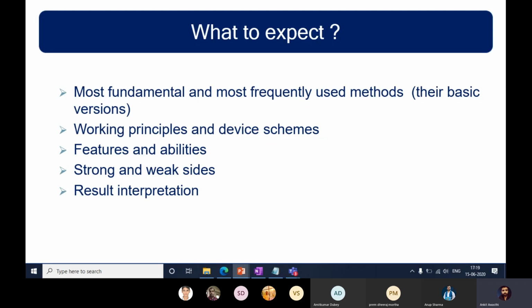For these techniques we will analyze the working principle and device schemes, then their features and abilities, and their advantages and limitations. And in the end we will analyze what we are actually getting from the results. Means we performed that analysis and got some results, so what results can we expect from that analysis, and how can we interpret them.